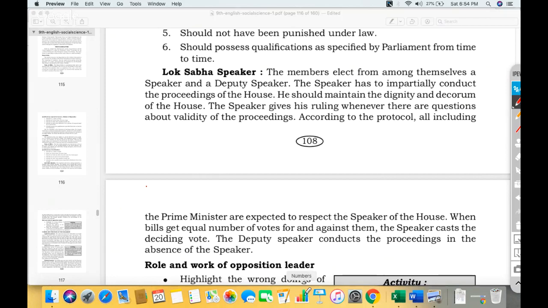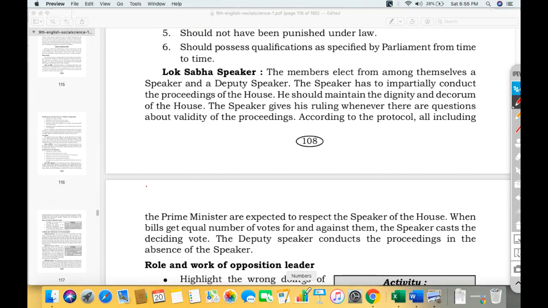According to the protocol, all, including the prime minister, are expected to respect the speaker of the house. That is why there is a general tendency that if members are speaking in English, they always call the speaker sir. So respect has to be maintained for him in the house, including by the prime minister.